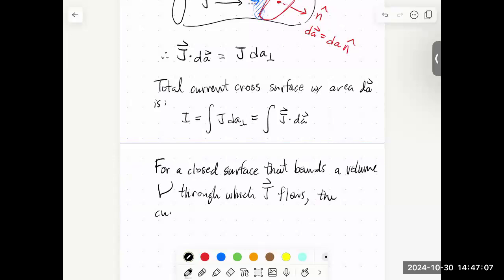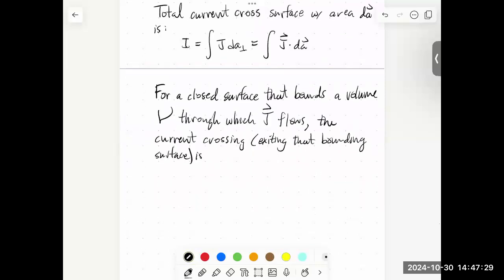The current crossing or exiting that bounding surface is given by, well, it's this exact expression that we wrote down, it's just that our surface is not like a plane, it's now a closed surface.